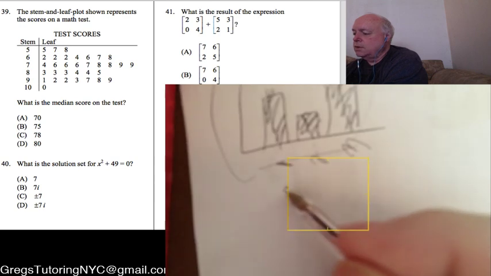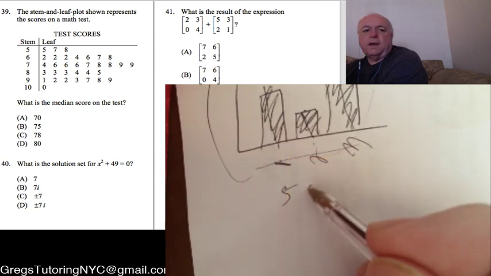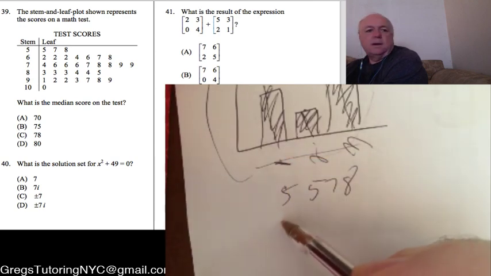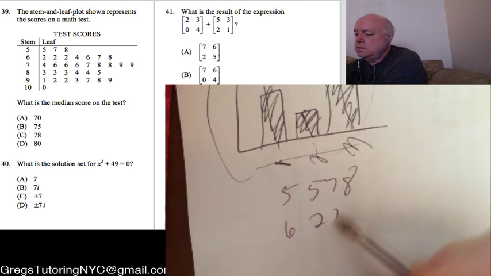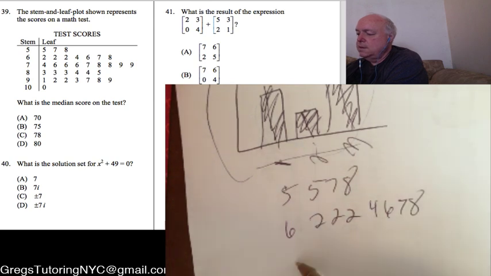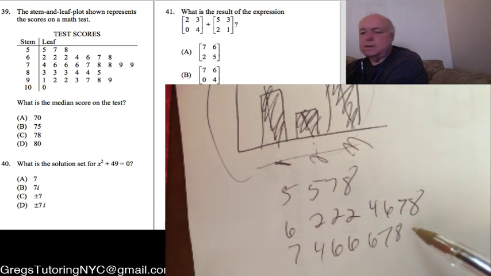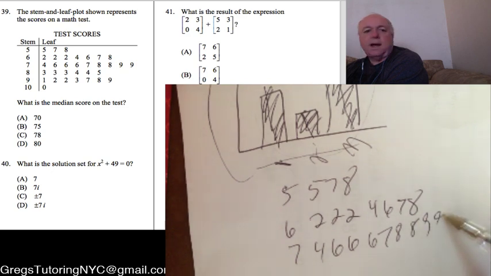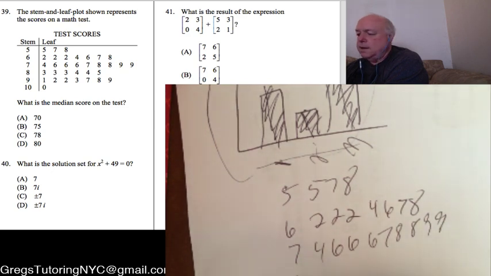In fact, I'll just write this out quickly. So 5, 7, 8, 6, 2, 2, 2, 4, 6, 7, 8, 7, 4, 6, 6, 6, 7, 8, 8, 9, 9, 8 is 3, 3, 3.